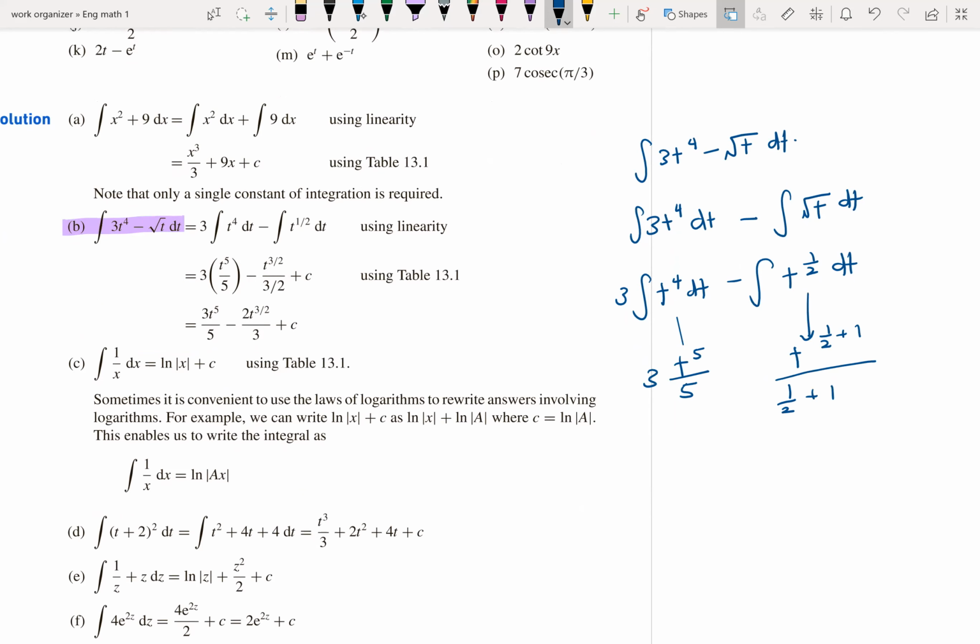Then don't forget, at the end, it has to be plus c.